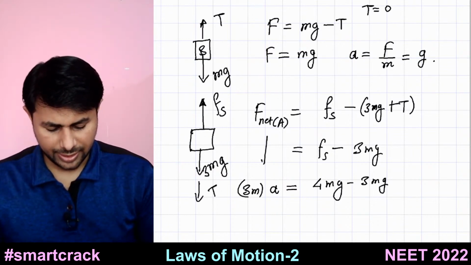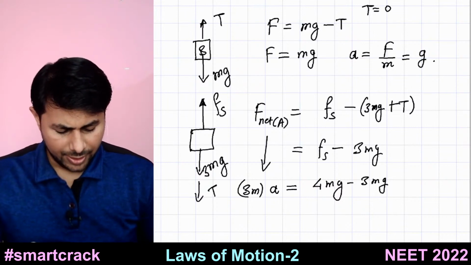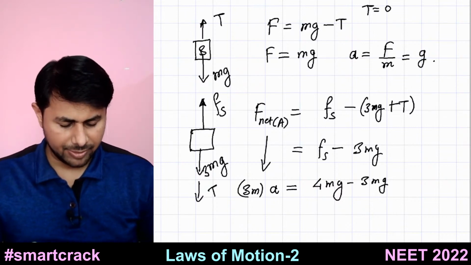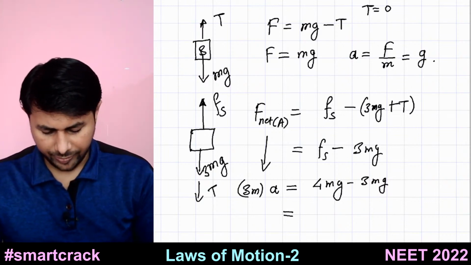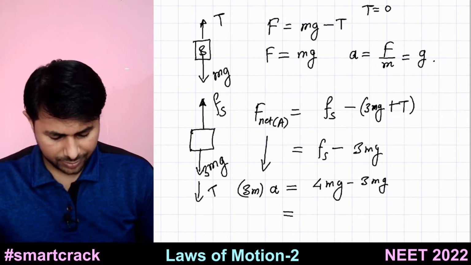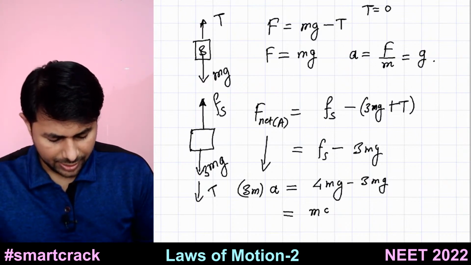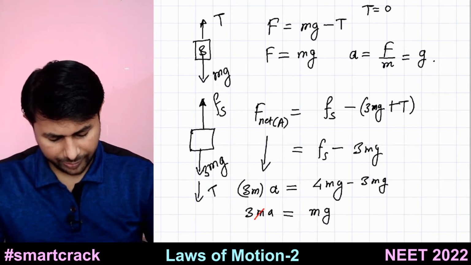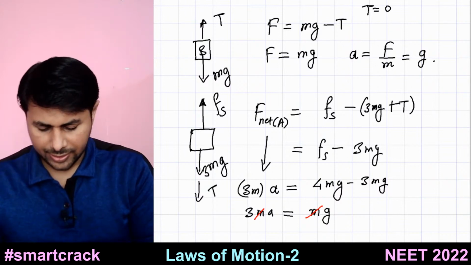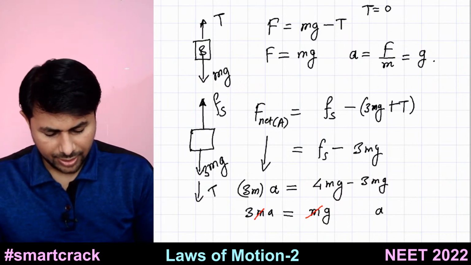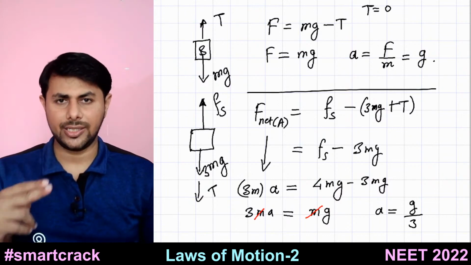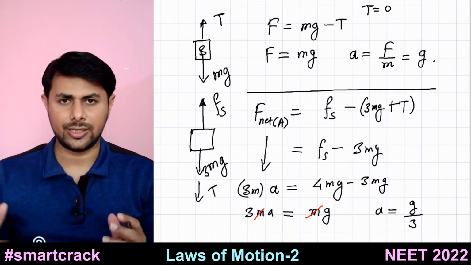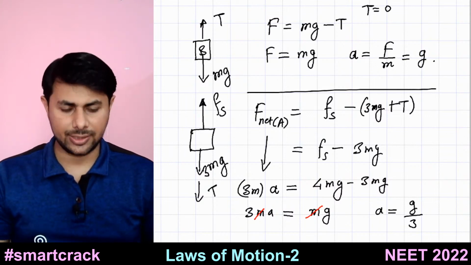On the left side we get 4 mg minus 3 mg, which is mg, so mg is equal to 3 times ma. Now cancel out m and take 3 to the other side. So you get the acceleration of A equal to g upon 3.